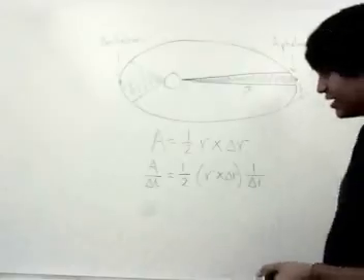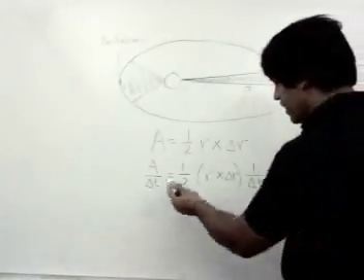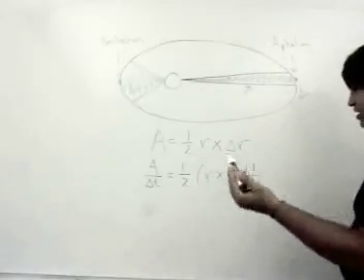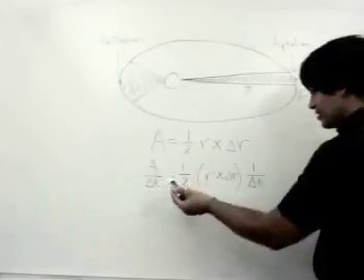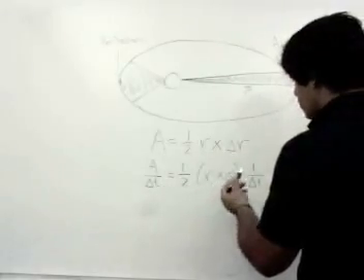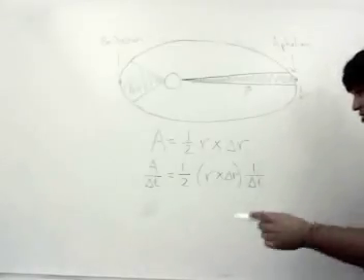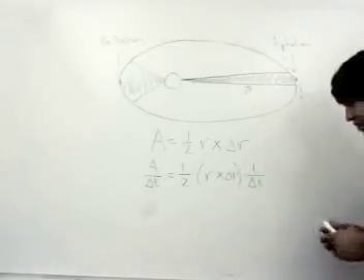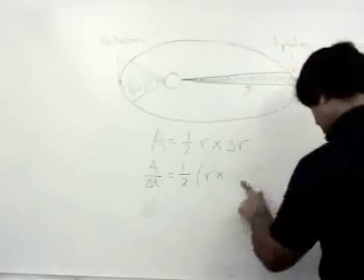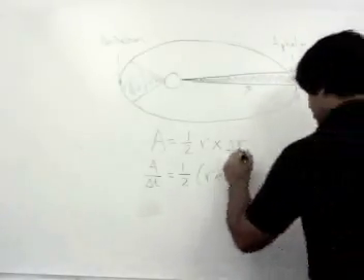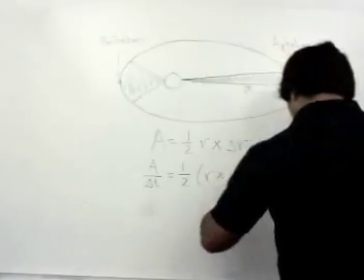Now let's see how much that changes over time. So we're going to divide both sides, or multiply both sides, I guess you could say, by 1 over delta t. So we have A over delta t equals 1/2 r cross delta r times 1 over delta t. Using the properties of cross products, we can make it a bit prettier and say r cross delta r over delta t.